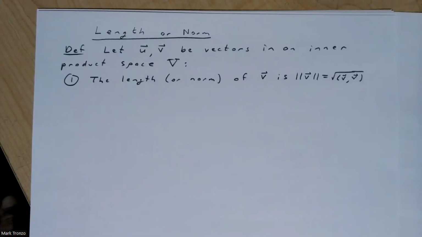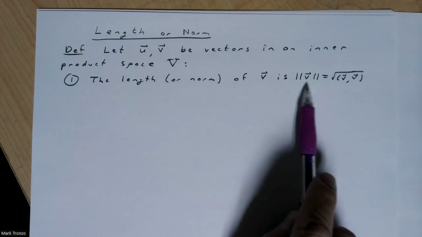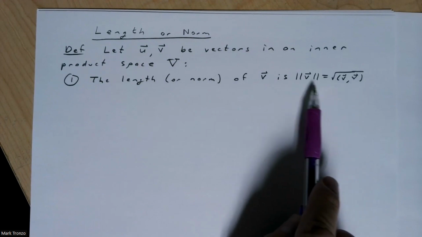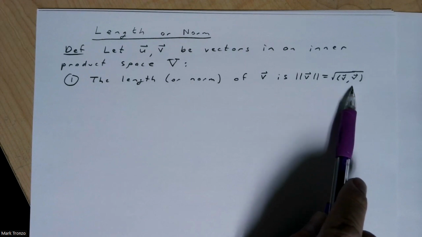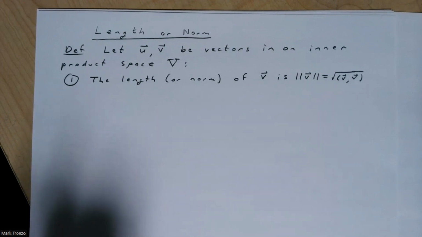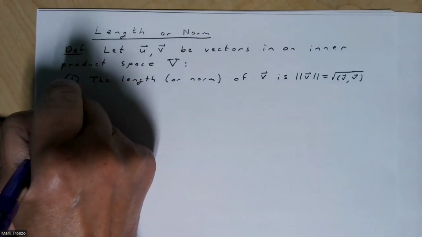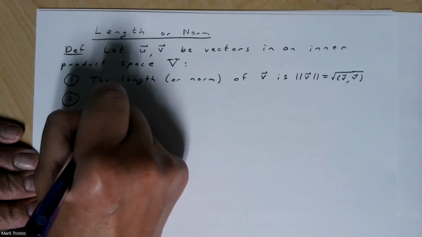So in other words, if you want the length or norm of a vector V, it's defined precisely this way. The length is going to be the square root of the inner product of the vector with itself. And another thing that we need is the distance.